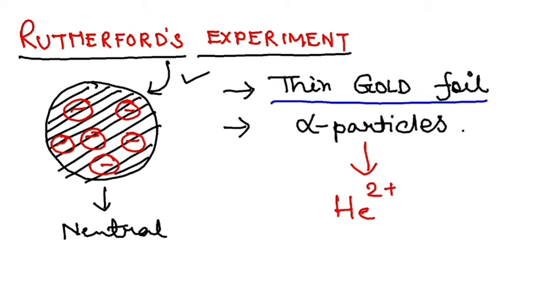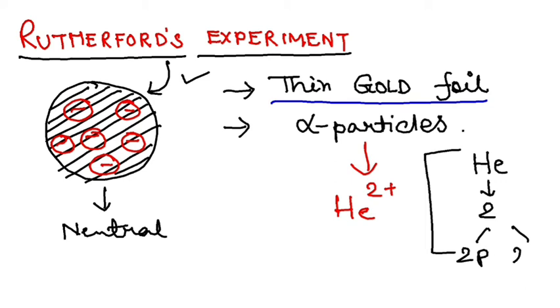Right? Now you have to recall something. What is the atomic number of helium? Helium's atomic number is 2. Alright, that means it has 2 protons and 2 electrons, isn't it? Now what does helium 2 plus mean? Helium 2 plus means there will be no electrons, right?